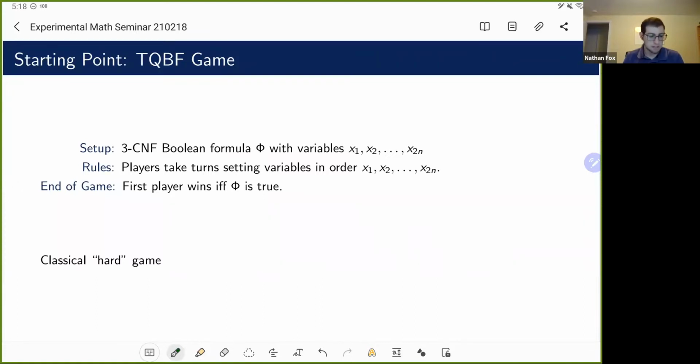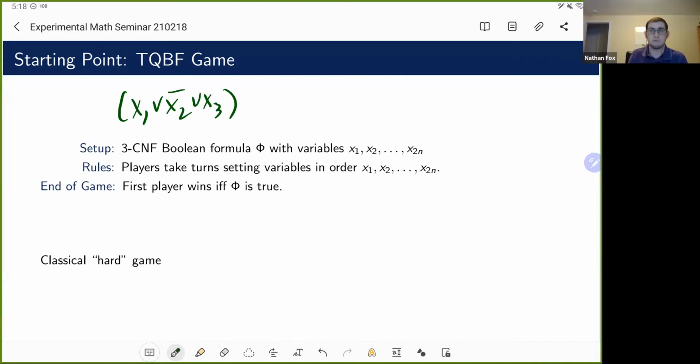So the setup is something we call a 3CNF, for 3 conjunctive normal form, Boolean formula with, let's say, 2n variables, x1, x2, up to x2n. What this looks like is you have clauses that have 3 of these either variables or their negations, which we usually write with a bar over the variable. So this is a Boolean formula.